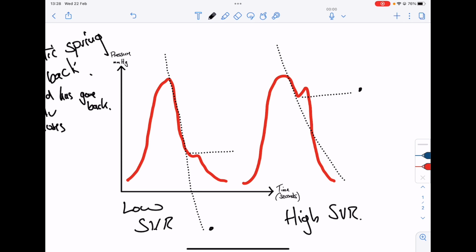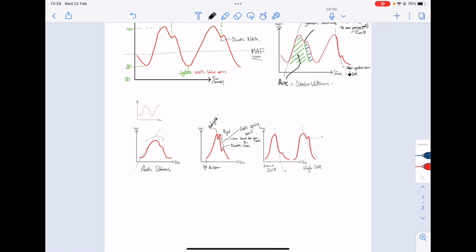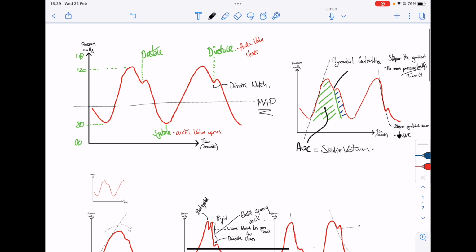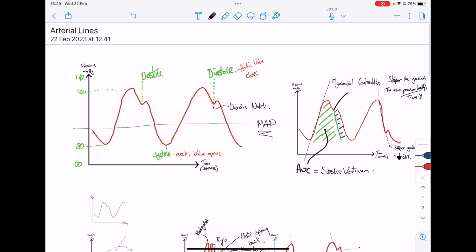Therefore, if you apply pressure to it, it's going to be a bit more elastic, and it's going to rebound. It's going to maintain a higher pressure over a longer period of time. So that is your arterial lines.